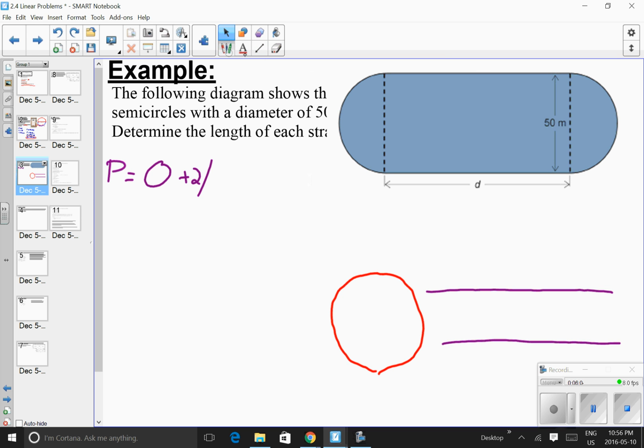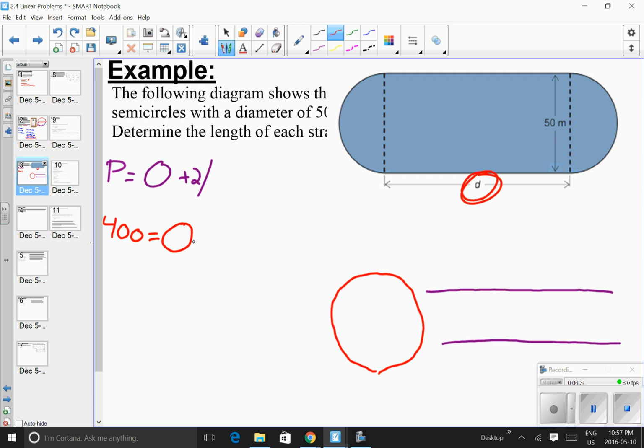So I already know that the perimeter is 400, equals, and instead of line, I'm going to switch to the letter. We said that each line was D. So 400 equals the distance around my circle plus 2D.